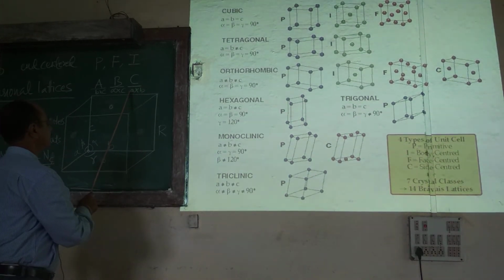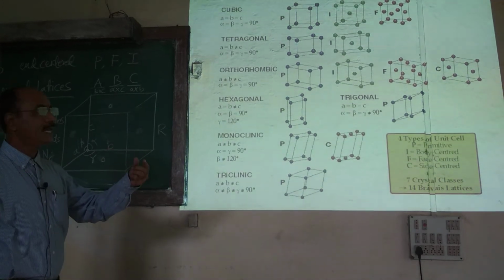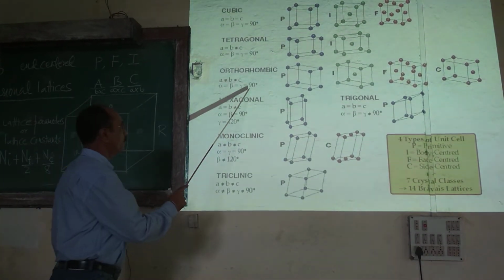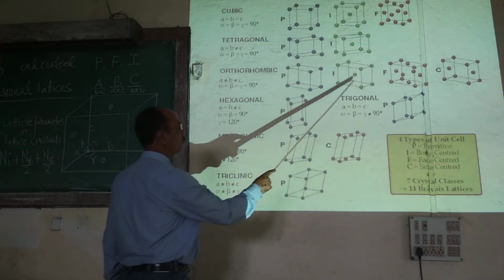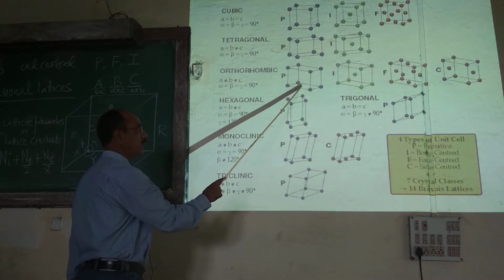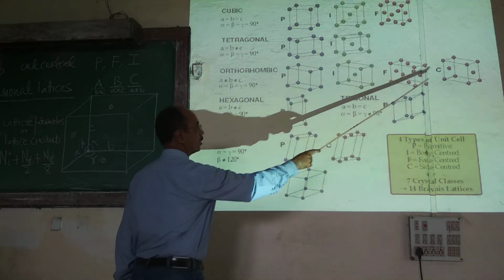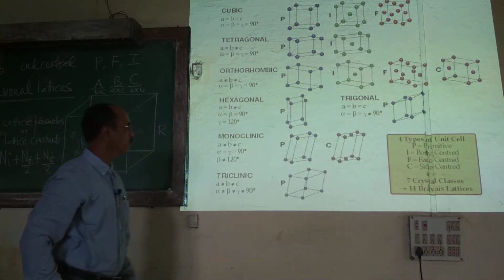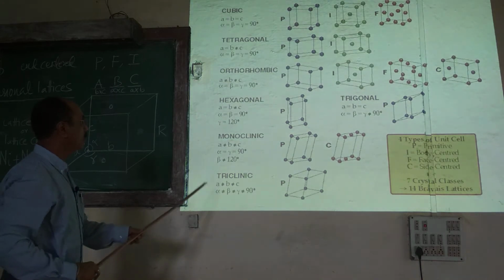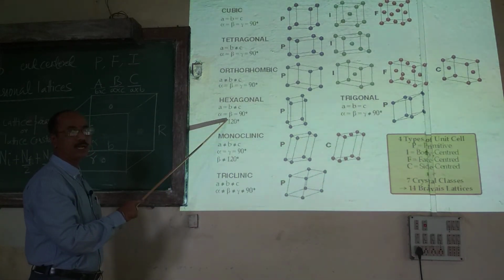At the two faces defined by crystallographic axes a and b, there is a lattice point. So orthorhombic crystal system has four Bravais lattices: simple, body centered, face centered, and end centered. Then we will go to the fourth crystal system, that is the hexagonal crystal system.